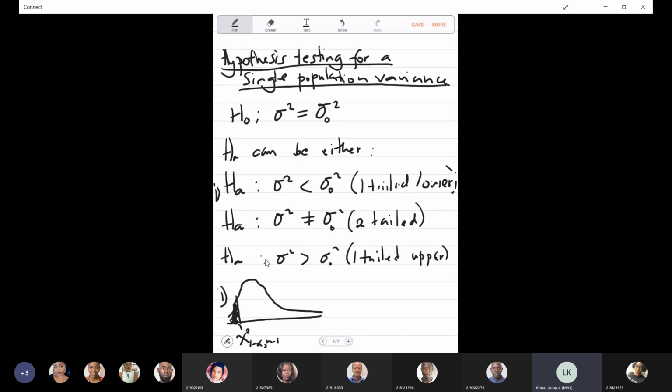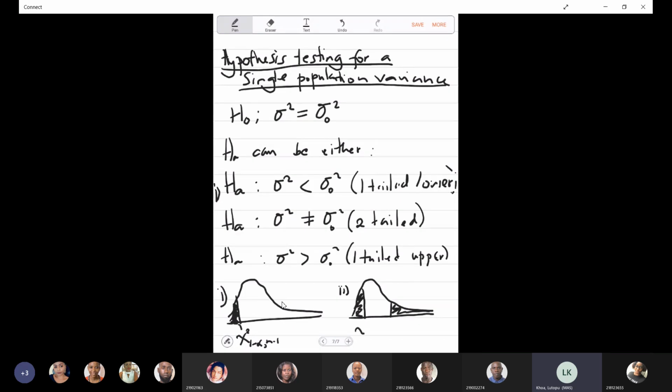Then the upper tail test is just the opposite. You'll have it maybe somewhere here. But then the second one, you have two rejection regions like that.